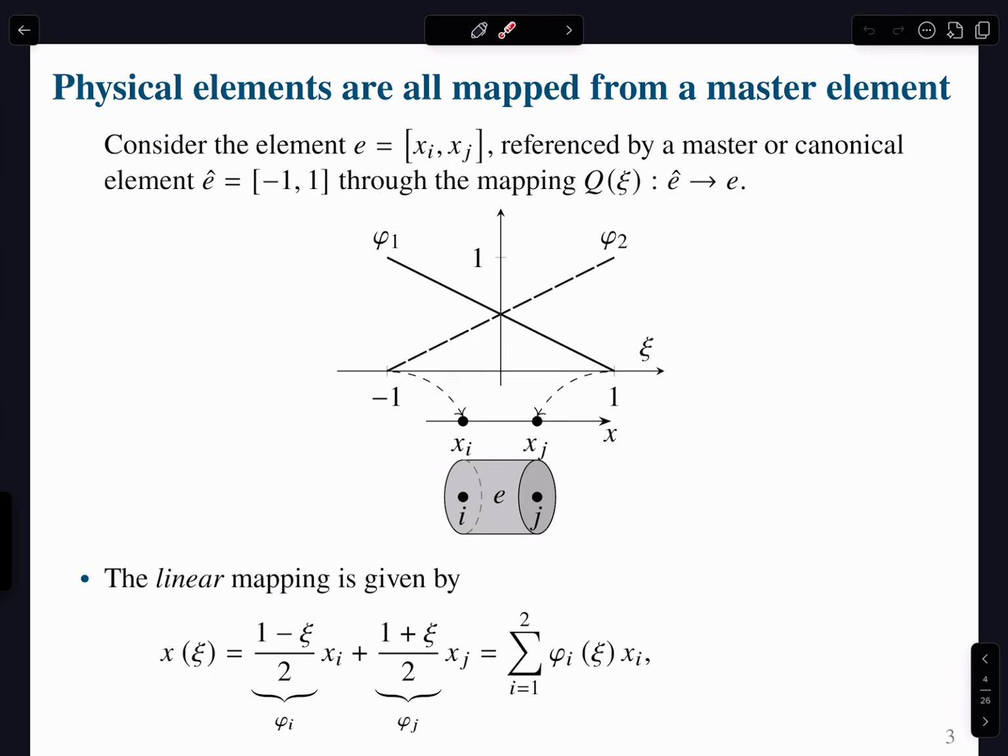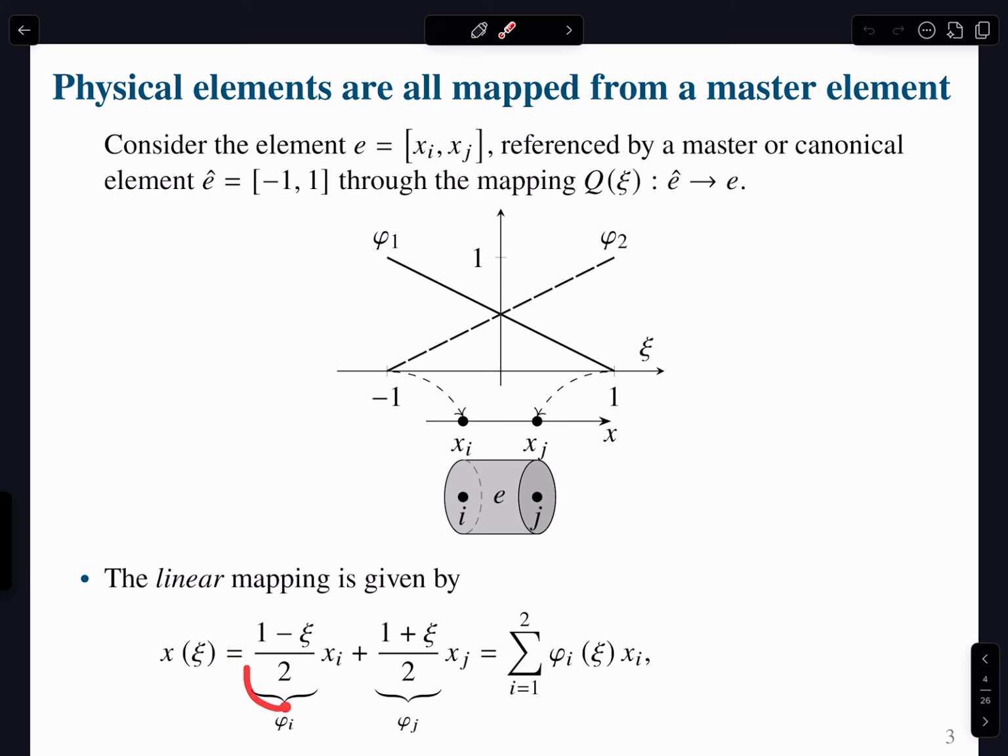Well, of course, the more straightforward way to do this is just to use the shape functions that we have been using so far, but defining those shape functions in our master element, right? So if I take phi i to be this shape function and phi j to be that shape function, well, I can simply express the coordinate, the physical coordinate x, as some sort of linear combination of those two shape functions, right?